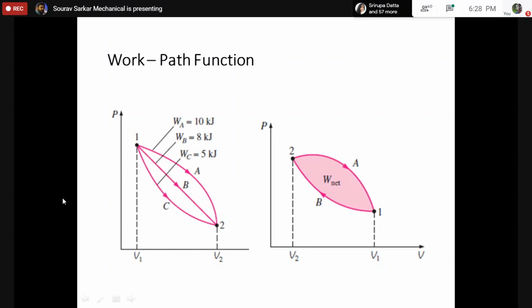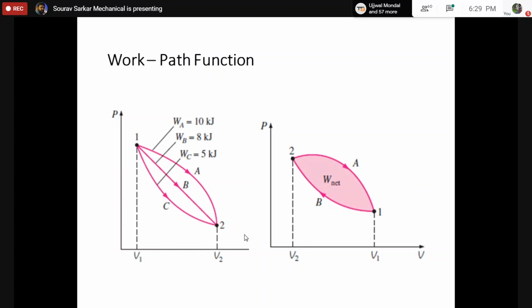Whatever path you follow from 1 to 2, the change of volume is the same, delta V. So my volume is a point function. But if you go from point 1 to point 2 by path A, path B, path C, for all the cases the work done is different. So that's why the work done is basically called a path function.